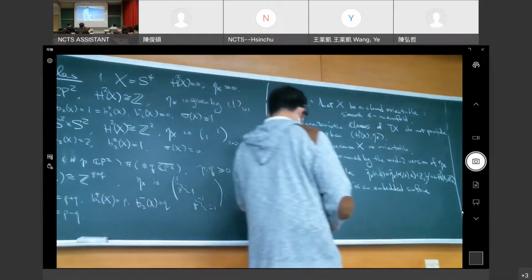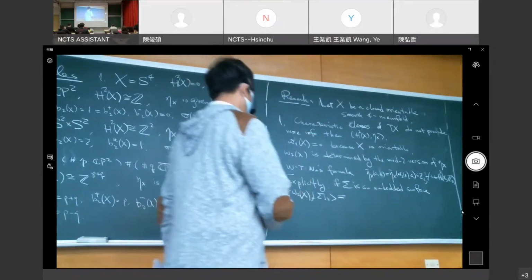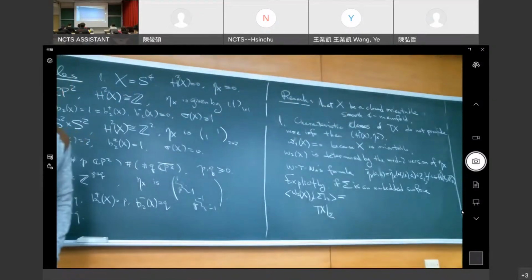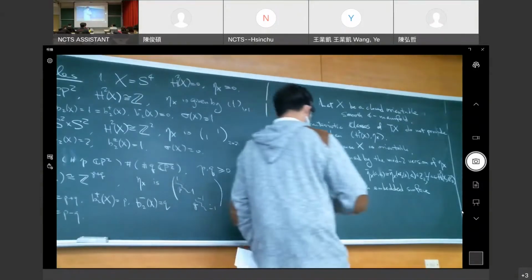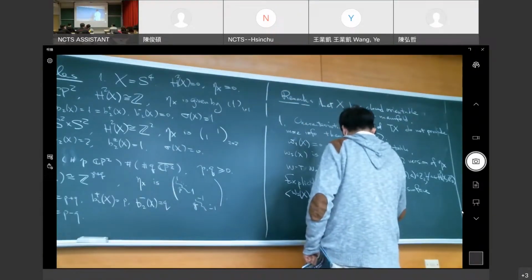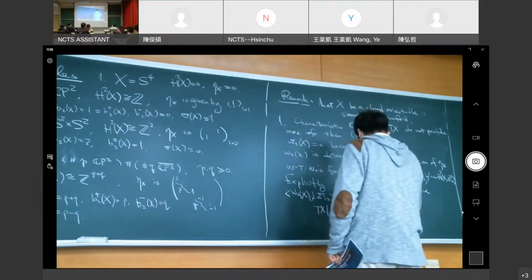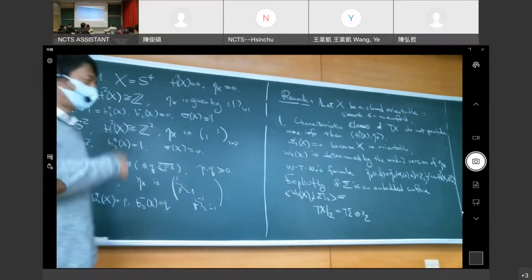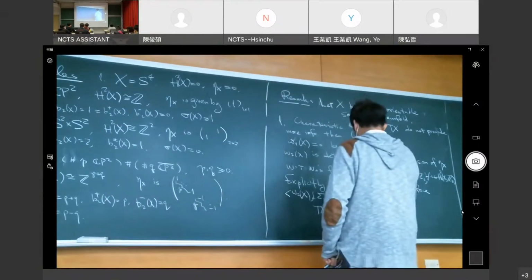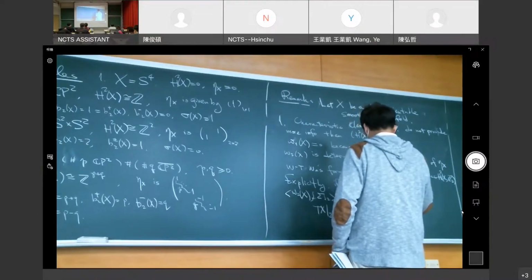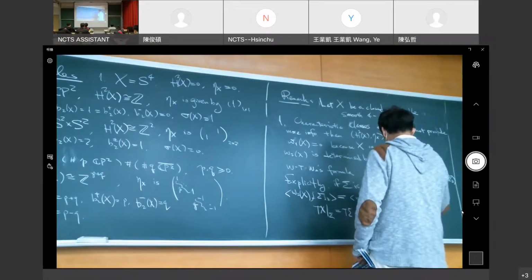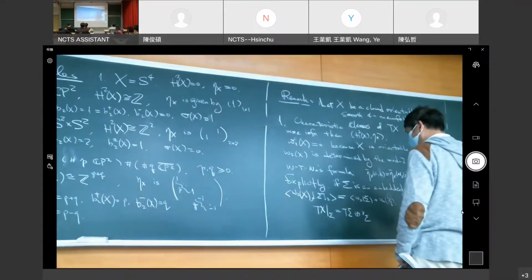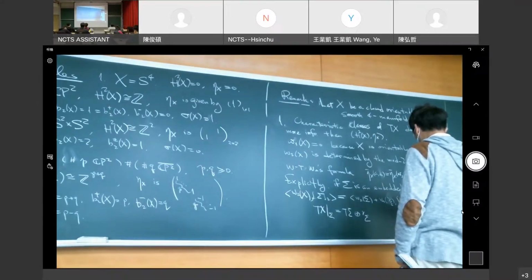In fact, this is a rather easy computation. If you restrict the tangent bundle of the four manifold to the embedded surface, then this is certainly the tangent bundle of the surface plus the normal bundle of the surface, and the Stiefel-Whitney class is w2 of sigma plus w2 of the normal bundle of sigma, paired with the fundamental class.